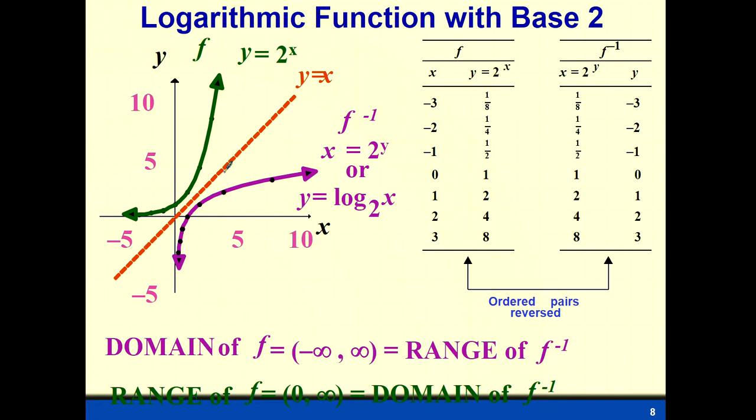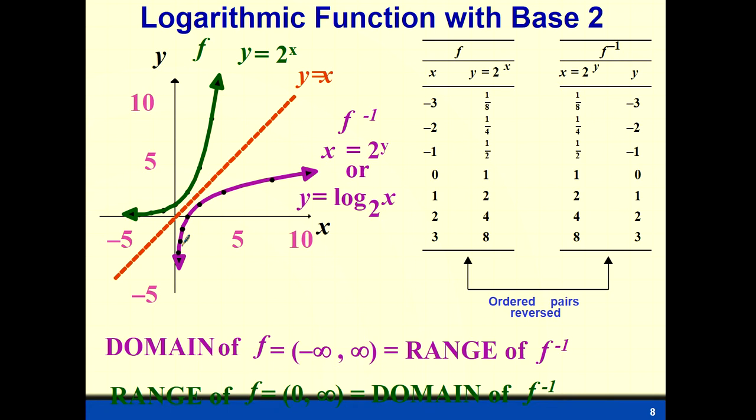So this purple line represents my log function of log base 2, which is the inverse of my exponential of 2 to the x. And you can see that when they're graphed, they are actually reflections. If you folded it over the y equals x, they are identical. They reflect perfectly over that line.